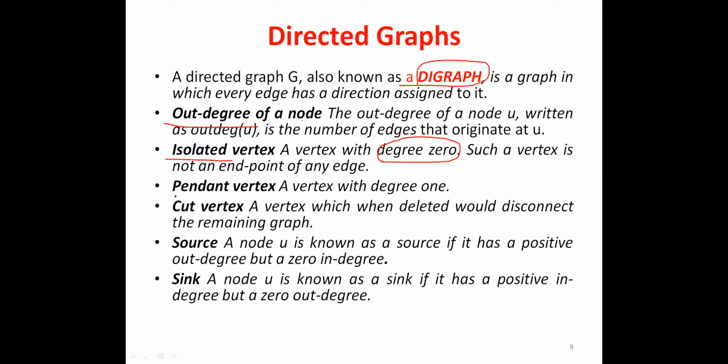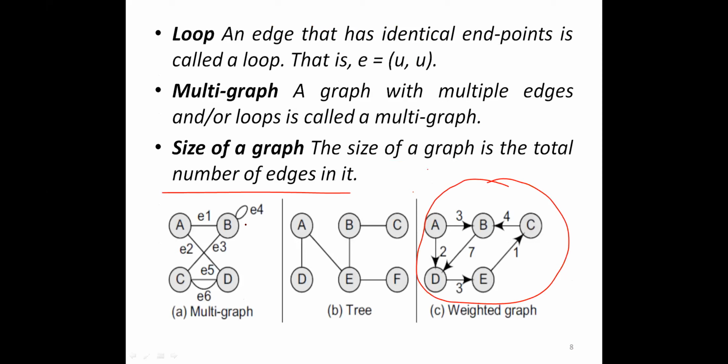A vertex having only one degree is called a pendant vertex. A cut vertex is a vertex which, when deleted, would disconnect the remaining graph. For example, if we cut vertex B, the graph is still connected in some way, right?